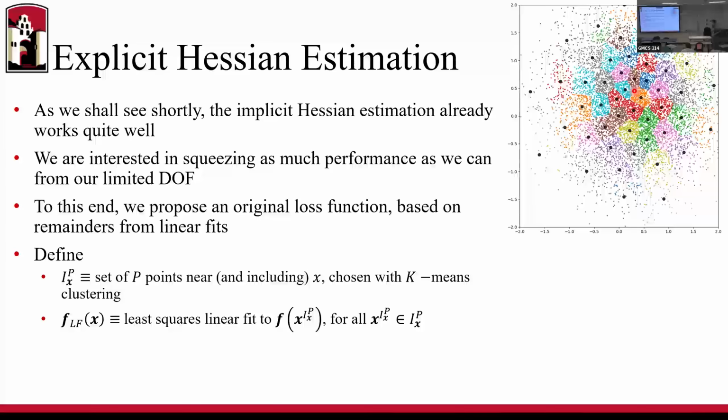Let's say that F_LF of X is a least squares linear fit to F on the points of the current cluster. And we're going to do the same thing for the neural network function. We're going to define the new loss as the RMS of F minus its linear fit minus the neural network function minus its linear fit.